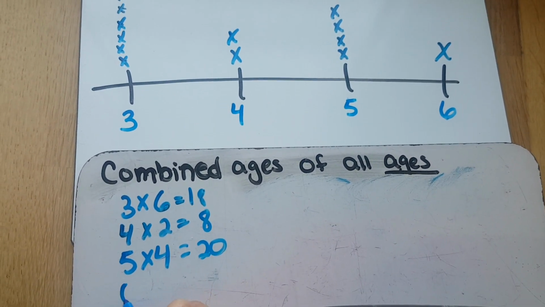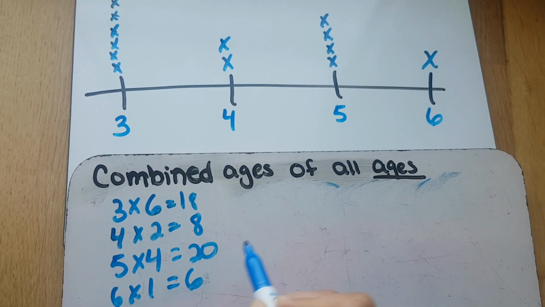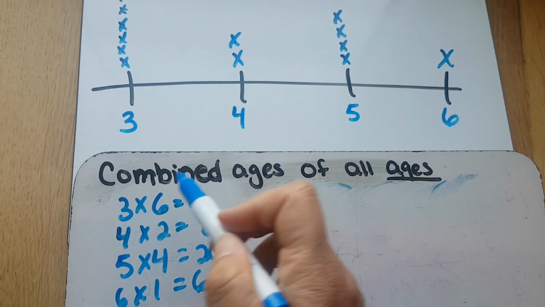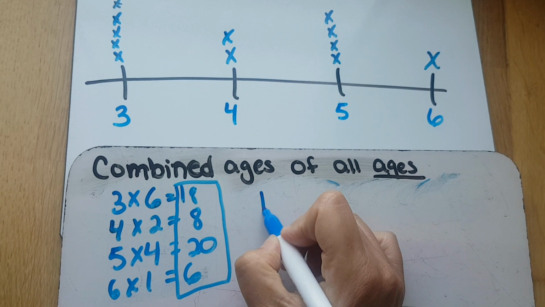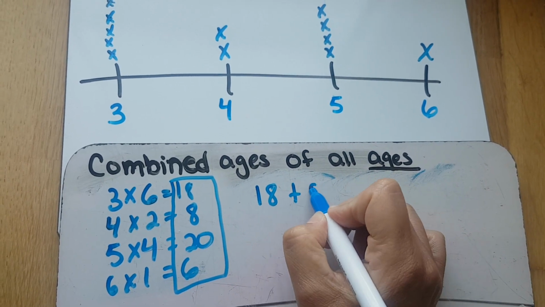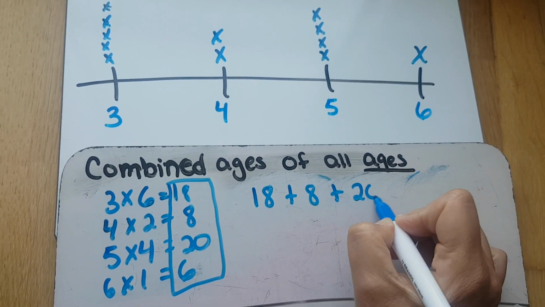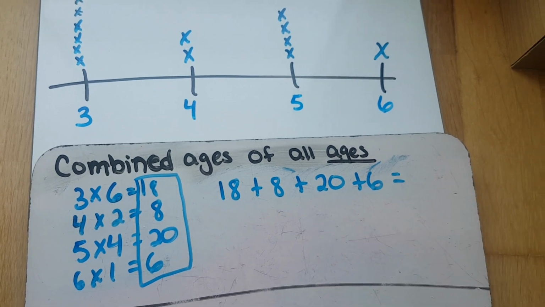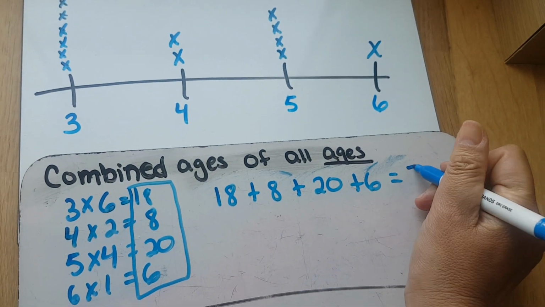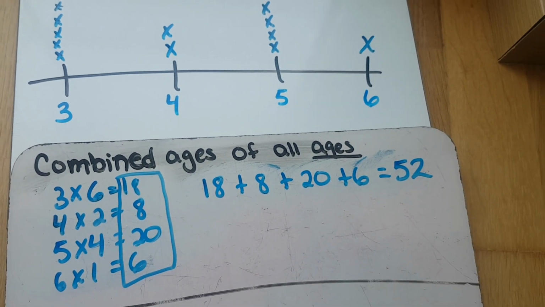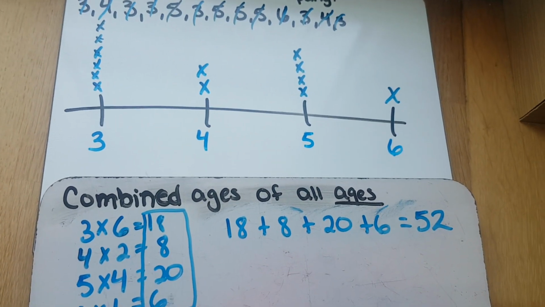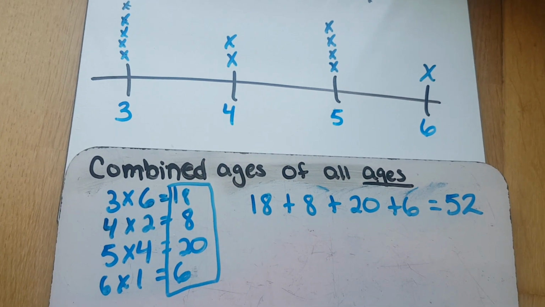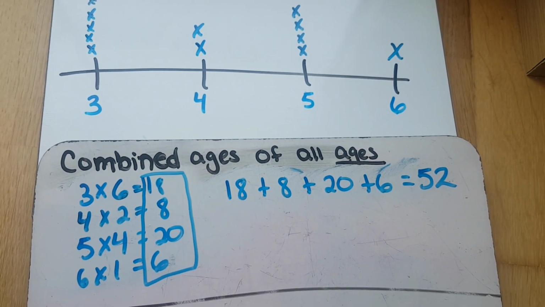And 6 times 1 equals 6. Now I want to do combined of all the ages, so I want to add all of these together. 18 plus 8 plus 20 plus 6 equals 52. So combined, I could add all of this, or I could do fancy adding and just do some multiplication and then finish off with some adding.